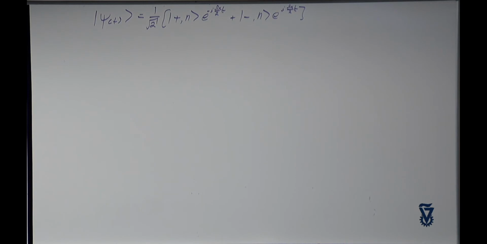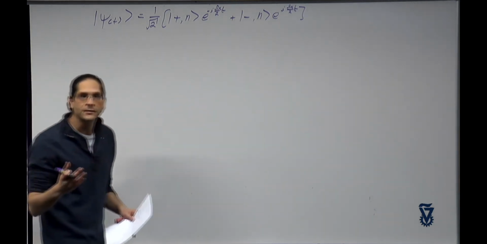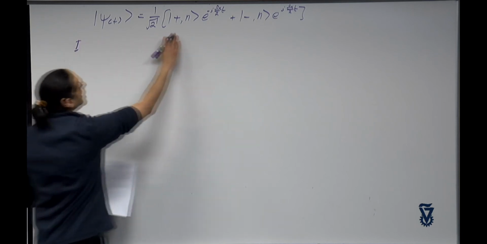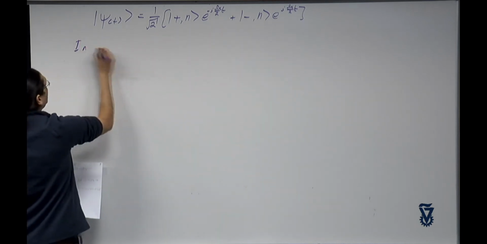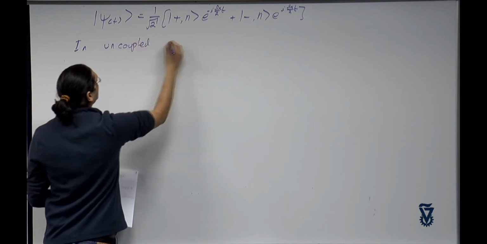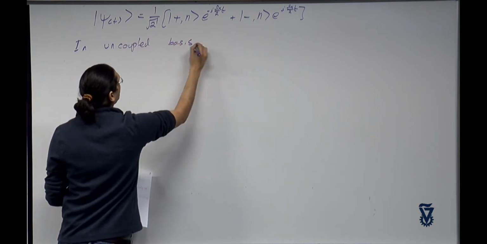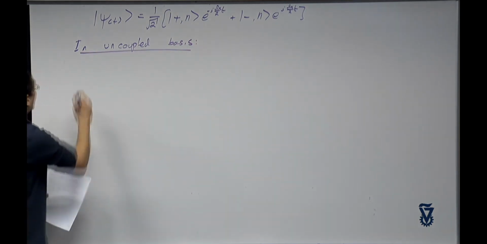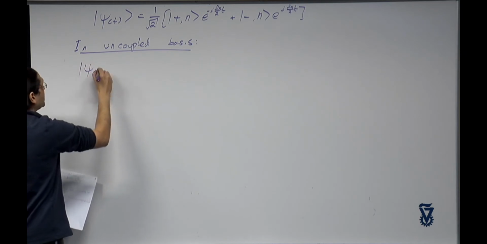But what is interesting is to look in the uncoupled bases, maybe. Let's give some insight. So this is in the coupled bases in plus minus. In the uncoupled bases, you can also solve for psi of t.